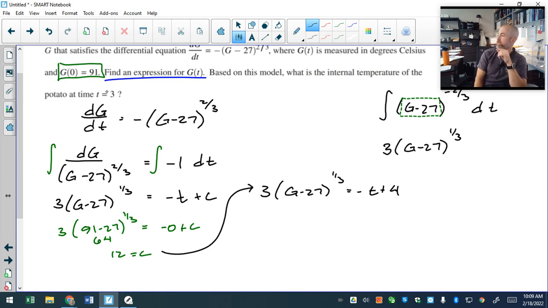I could go ahead and plug in 3 for t now, and I would get a value for g when t is 3, but I need to write the expression for g because they explicitly ask you for that. So g minus 27 to the 1/3. We're dividing by 3 here, so that'd be negative t over 3, or negative 1/3 t.